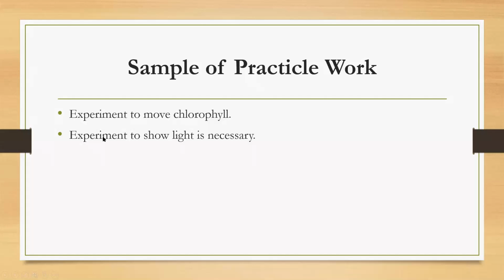And the experiment to show light is necessary, because as we know, light is important to plants for photosynthesis, because light is a source of energy. So we will try to learn about this practical work.